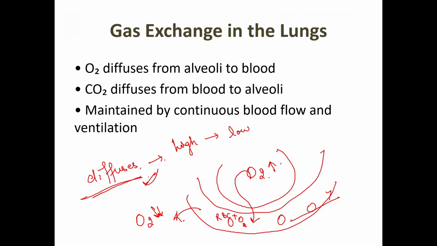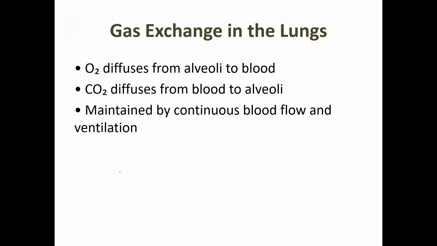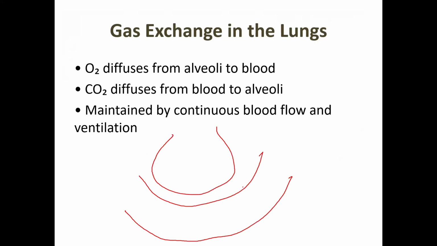Carbon dioxide from the blood: the same thing happens for carbon dioxide. Assume this is the alveoli and this is a blood capillary. The pulmonary artery comes and further breaks into capillaries.